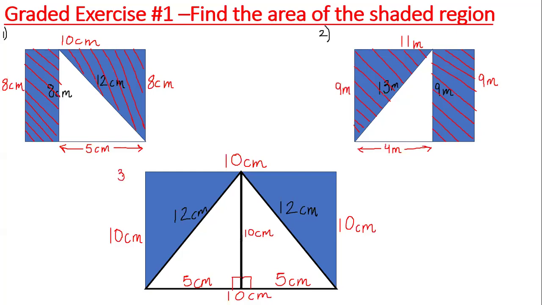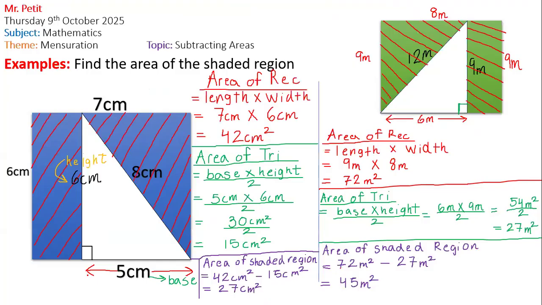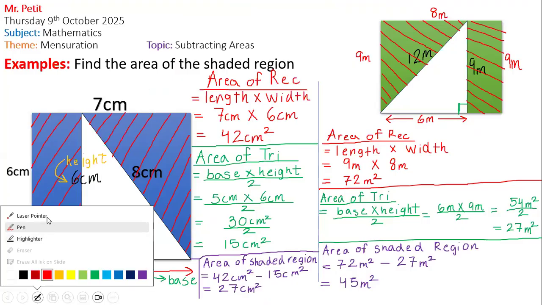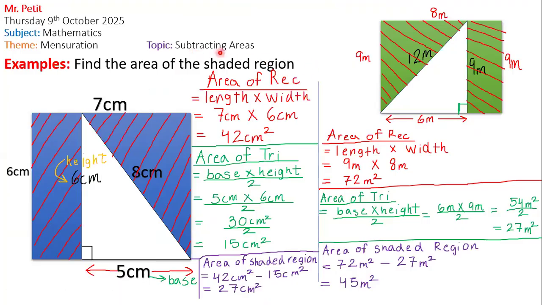All right, so I think we're good. Let me go back to the examples for Joel and Nakisha to take a picture. So quickly take a screenshot. These are the two examples that we did. What we did is we are subtracting areas.